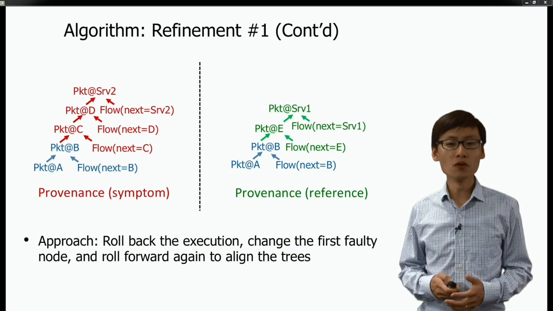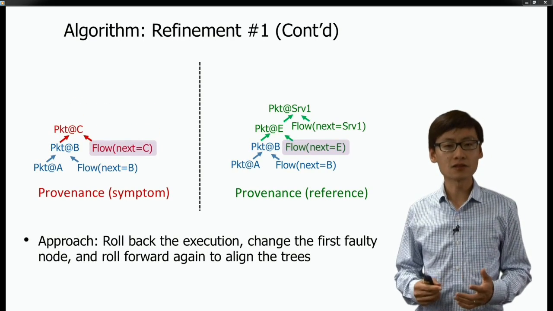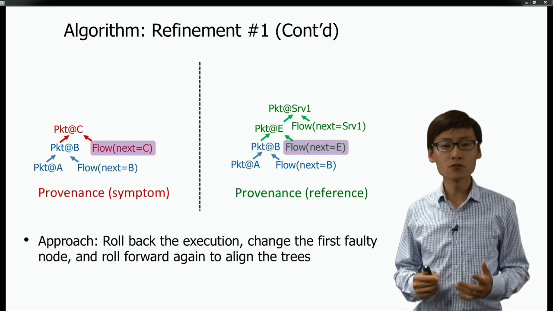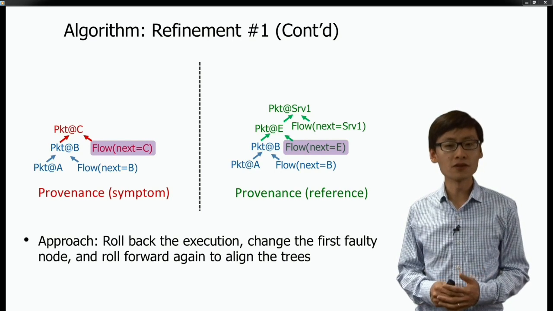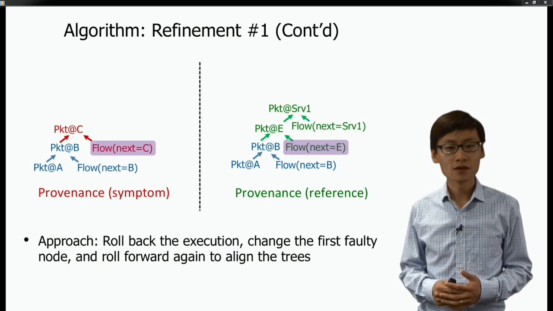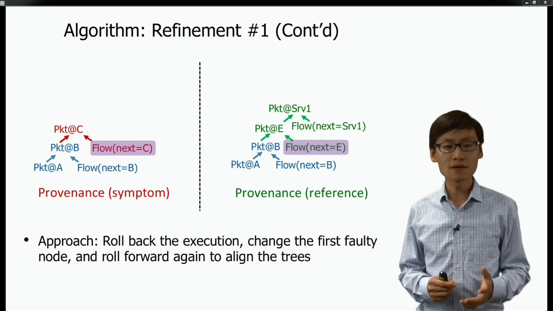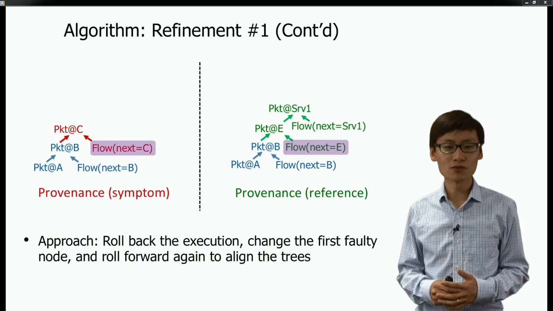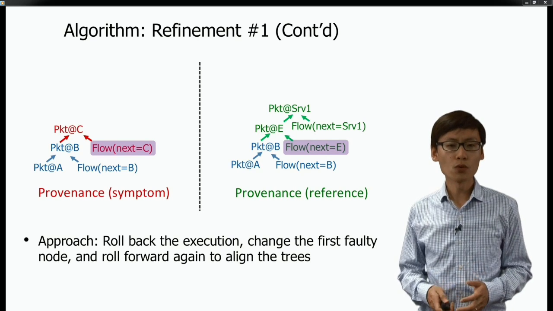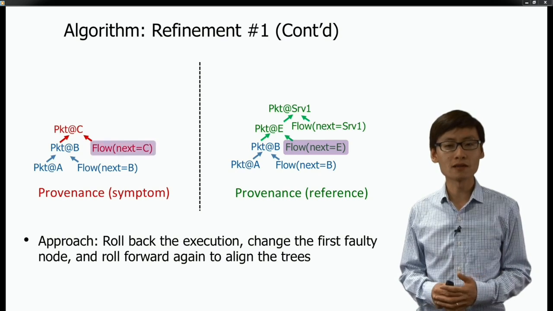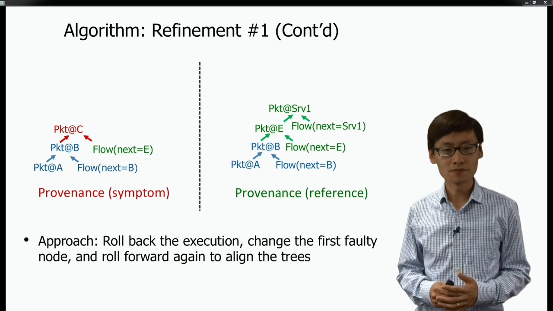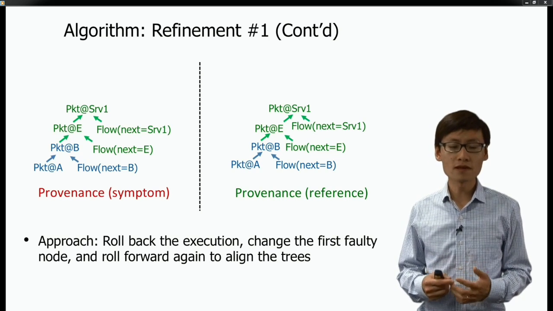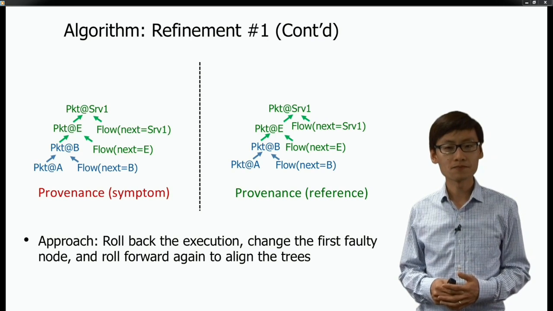So how would this work? We will first roll back the faulty execution until we realize that the two packets were processed by different routing entries. For instance, here we see that the red packet was routed to switch C, but the green packet was routed to switch E. We would then make a change so that the two packets are routed similarly, and we would roll forward the execution to align the trees.